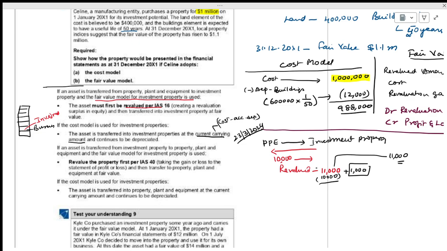If the asset is transferred from investment property to property, plant and equipment. See what is happening: in the first case, we are transferring from property, plant and equipment to investment property. In the second case, we are converting from investment property to property, plant and equipment.